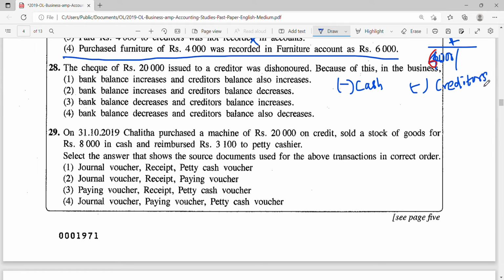Okay. Now, this cheque is dishonored, which means you have to nullify this entry. You didn't actually make the payment. So, you have to reverse this. You have to increase your cash and increase the creditors. So, the correct answer here is bank balance increases and creditors balance also increases, which is answer 1.